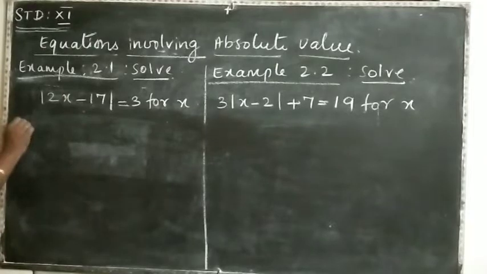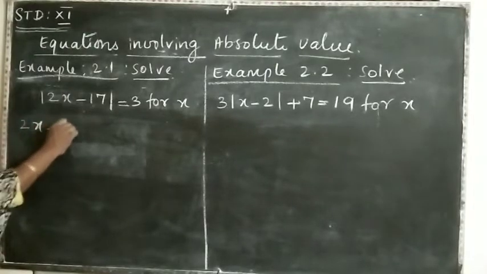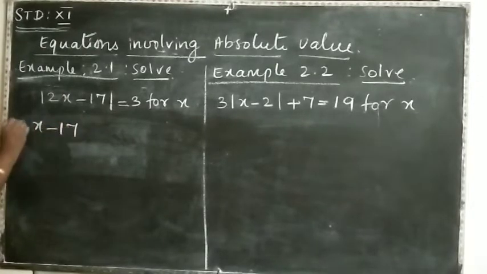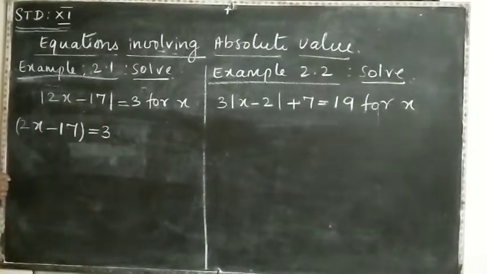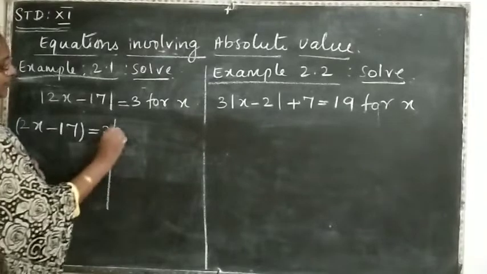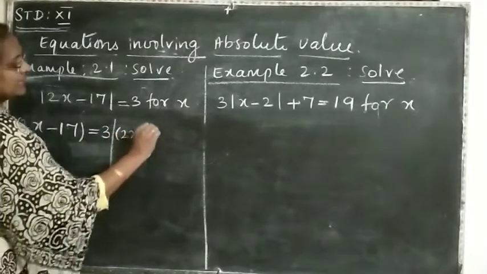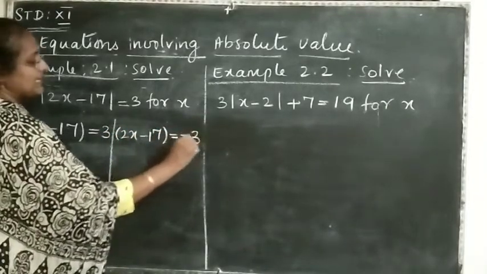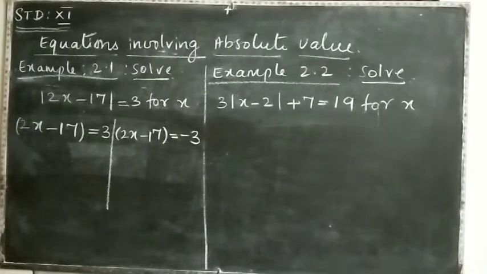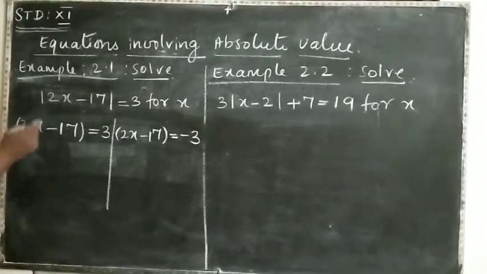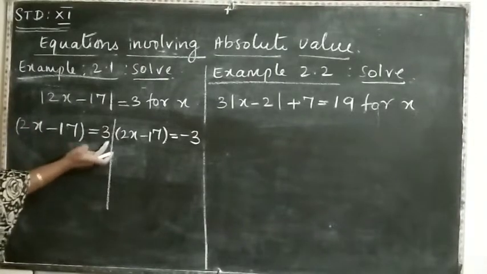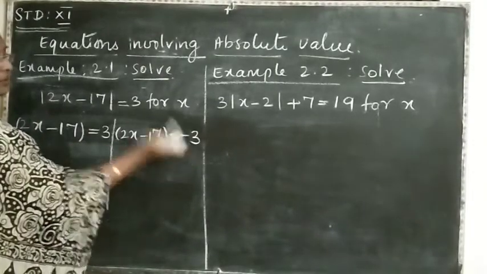So how can I write it? 2x minus 17 is equal to, the first one is plus 3, yes or no? What is the next one? 2x minus 17 is equal to minus 3. Yes, do you agree? So this is the property that we have demanded there.